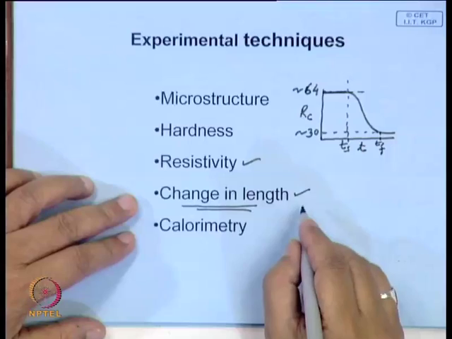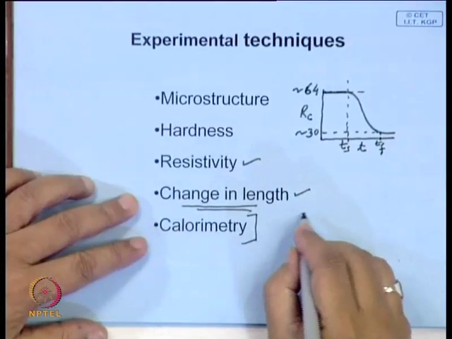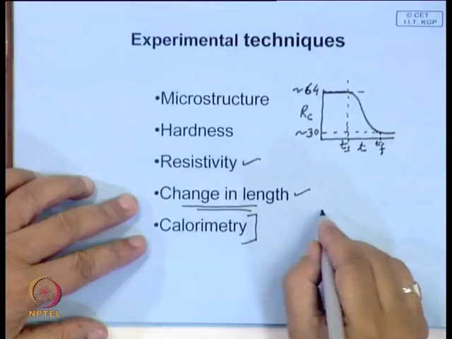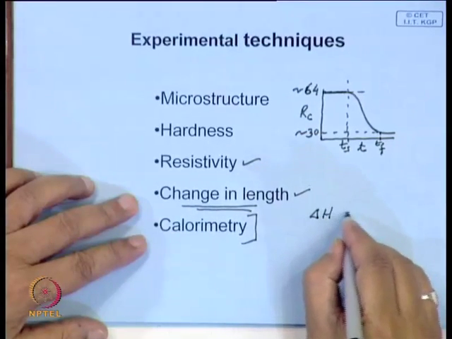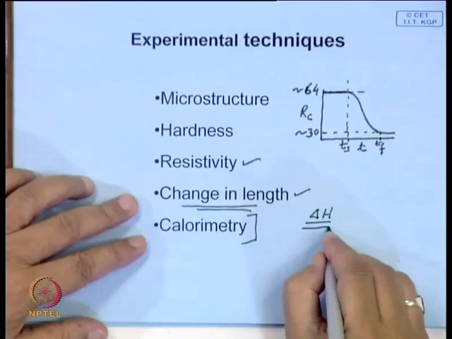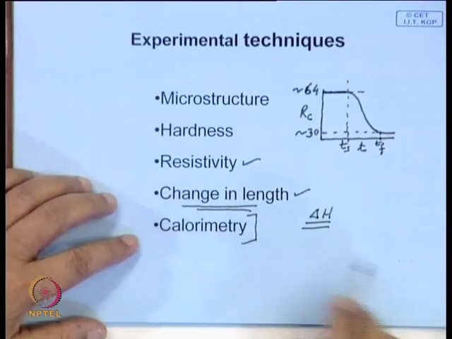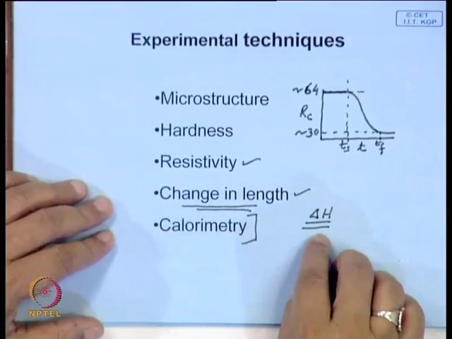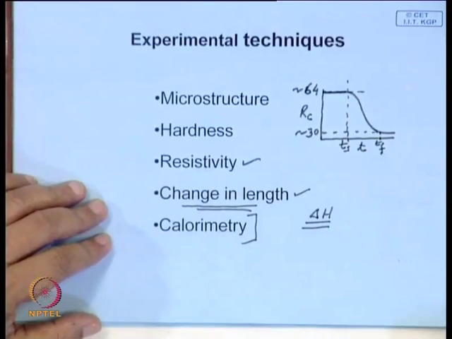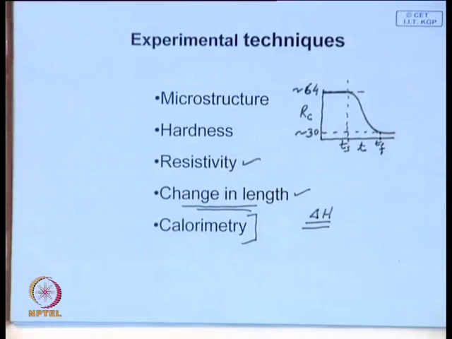So, this also can be used, and we all know when we talk about transformation, there is always some energy change, some enthalpy, that heat, either it is an exothermic or an endothermic process. So, if you can measure it by some calorimetric study, differential scanning calorimetry or thermal analysis can also be used to follow the transformation kinetics.